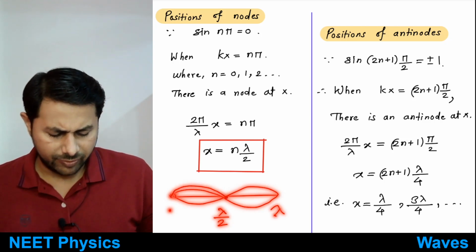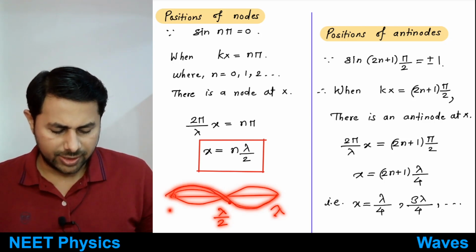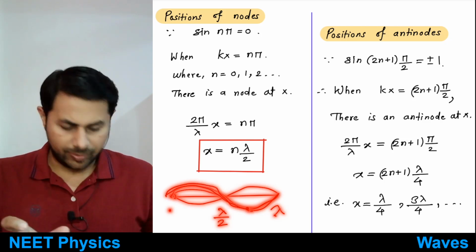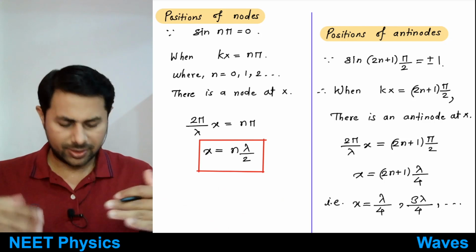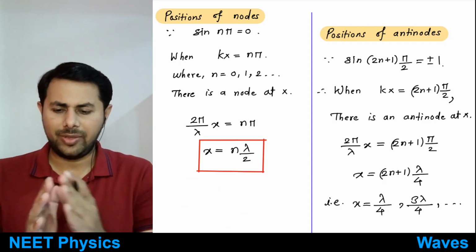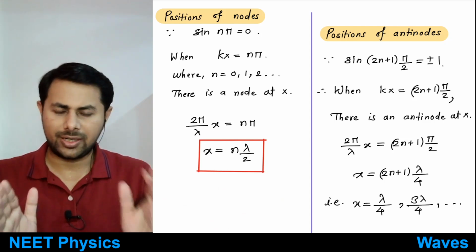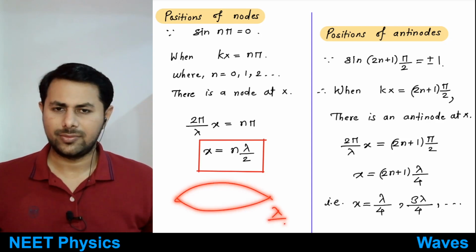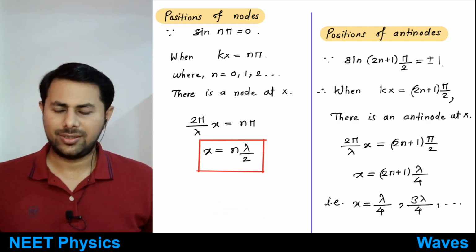So you can see here one crest and one trough. This is a wavelength. So if the string oscillates forming two loops, the separation between start point and end point is equal to lambda. This thing is clear, everyone?